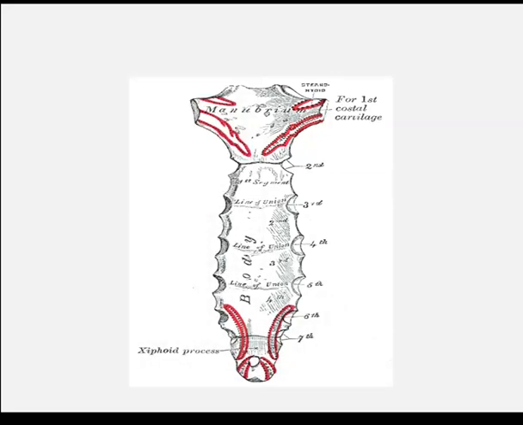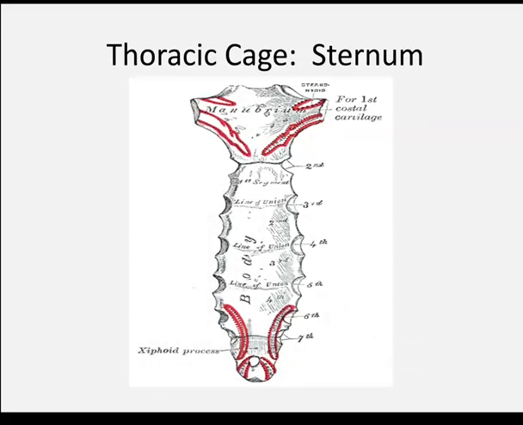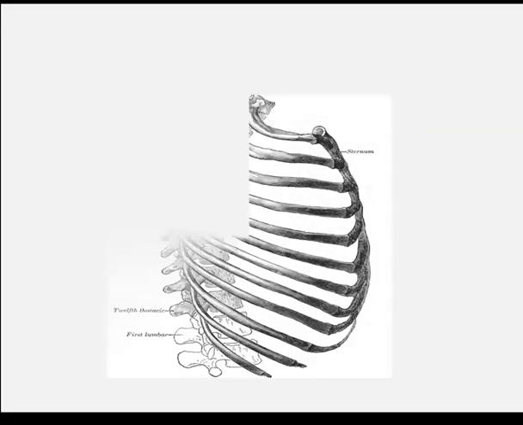Next one is the thoracic cage in which the sternum. The sternum is also called the chest bone, and these are the ribs.